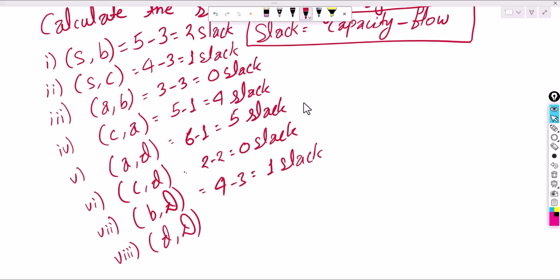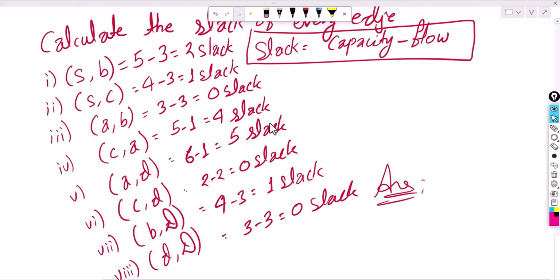And D to capital D, that is 3 minus 3 equals 0 slack. So we put all the capacity values and all the flow values of the particular edge, and we subtract capacity minus flow, and you will get the value of slack. Okay, so this is the final answer for calculating the slack.